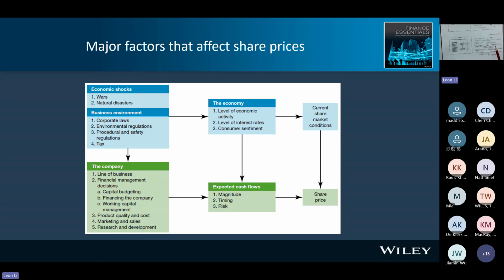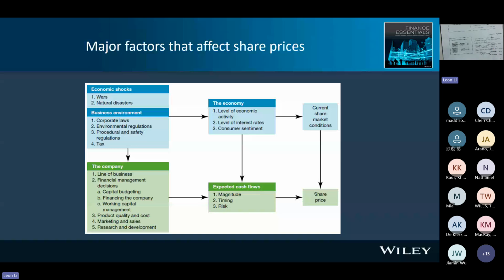And by the economy or the market. So think about that. If you are the company manager, your goal is the share price of your company. The share price might change due to your company, yourself, right? And due to the market.